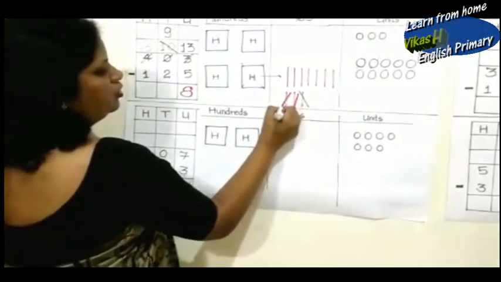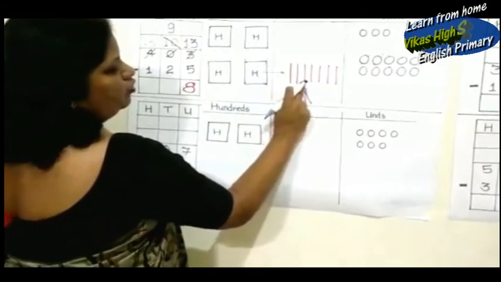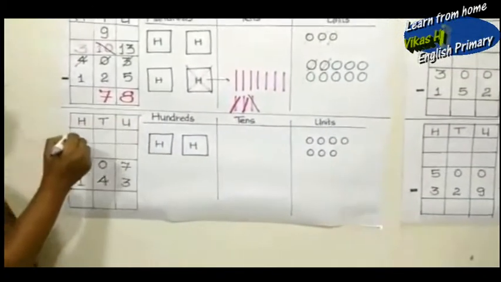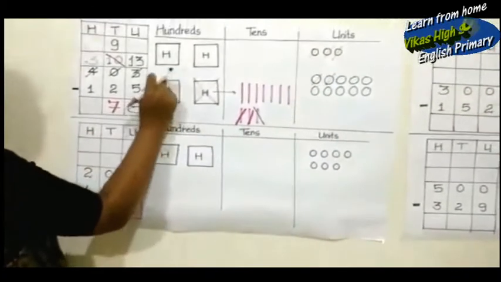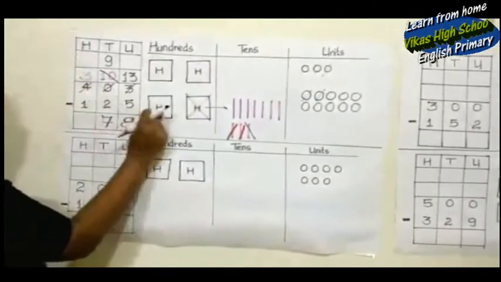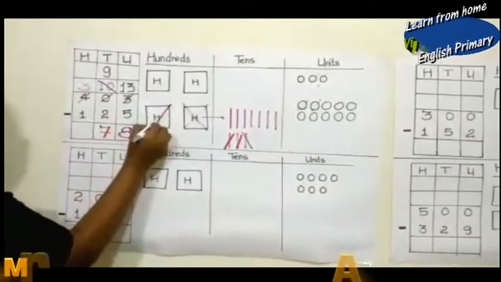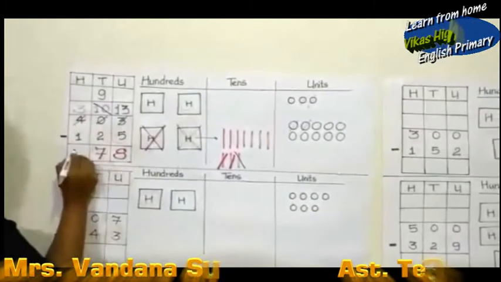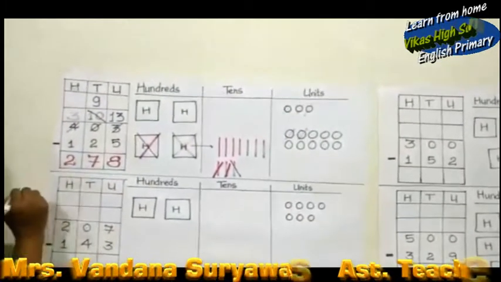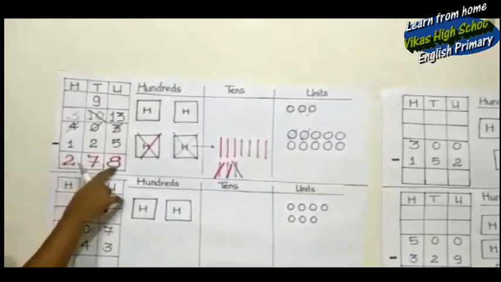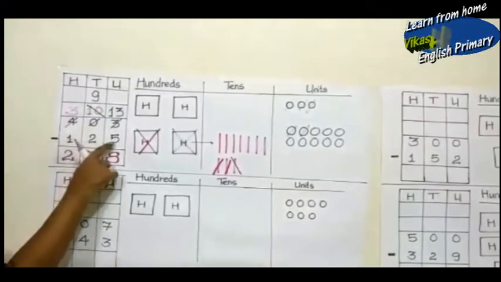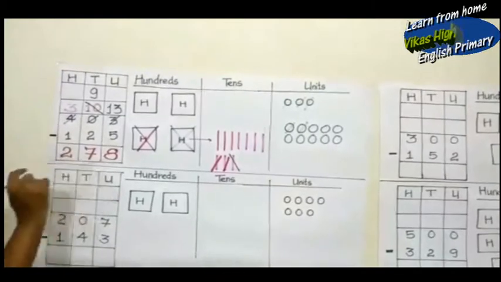So 1, 2. How many remain? 1, 2, 3, 4, 5, 6, 7. 7. Now from here 300s are there. From these 300s we have to minus this 100. So here remained 200. So the answer is 278. 403 minus 125 gives you 278.